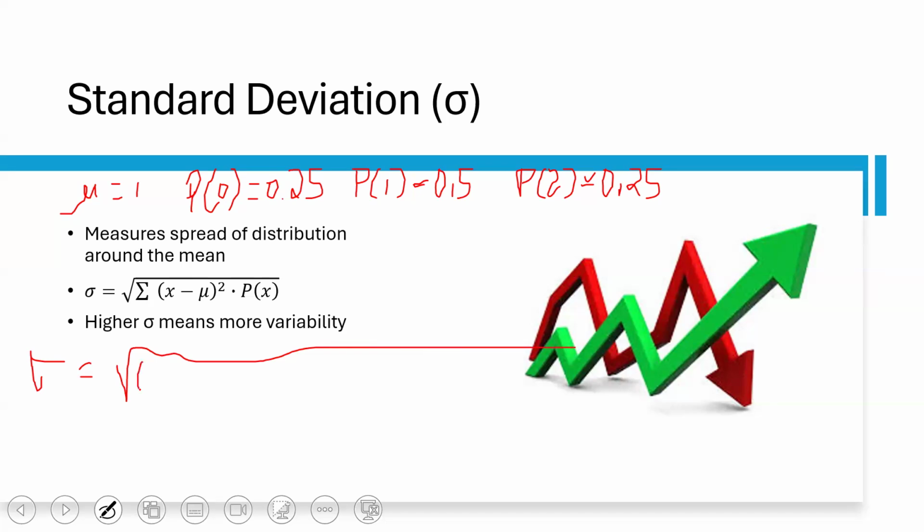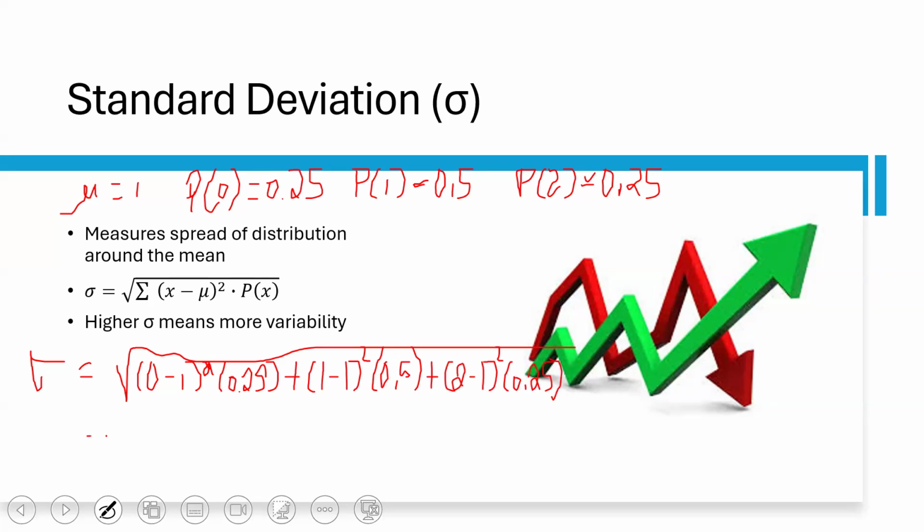So in this case, our first outcome is a 0 minus the mean of 1 squared times the probability of the 0 heads, that's 0.25, then plus the outcome of 1 head minus the mean squared times its probability, plus the outcome of 2 heads minus the mean squared times its probability.